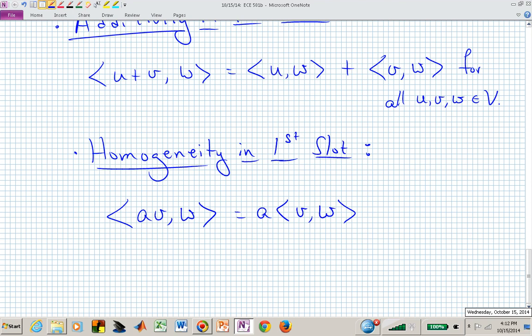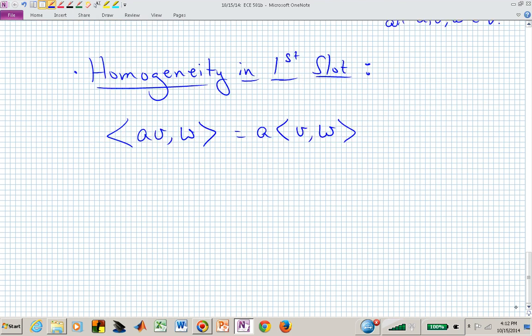That's not going to be true if that scalar is scaling the second slot, but we'll show what happens there in a minute. But here, homogeneity in the first slot is what we want, and this is true for all scalars and for v and w vectors in the vector space V.